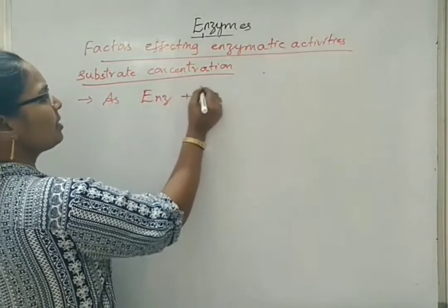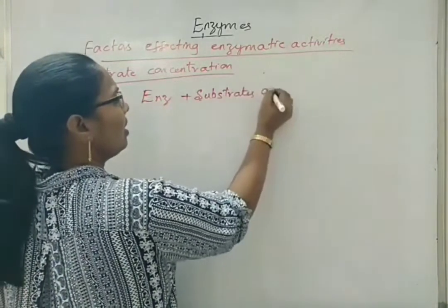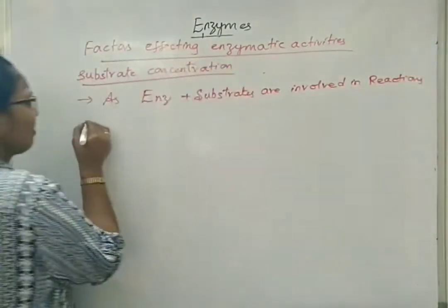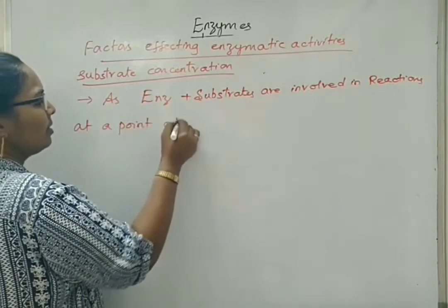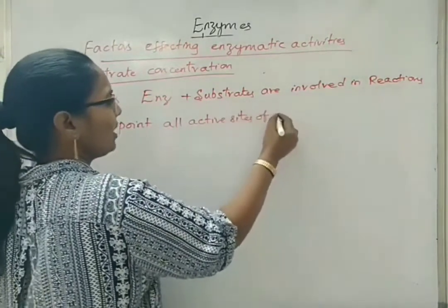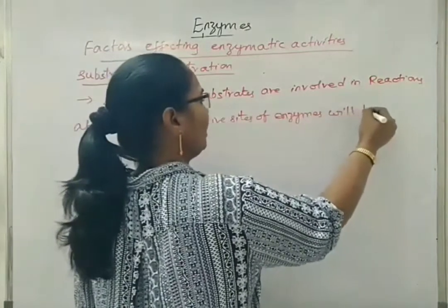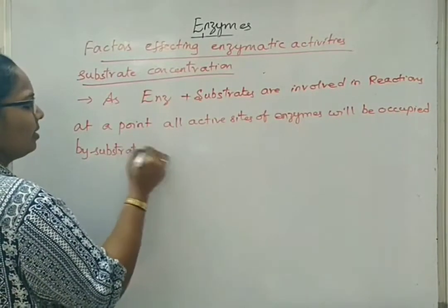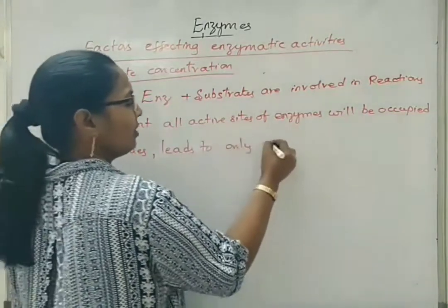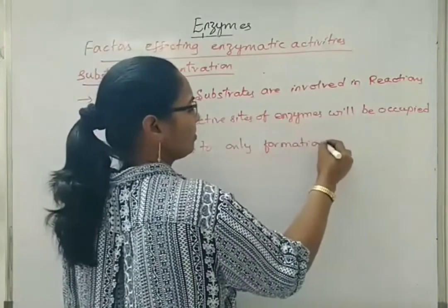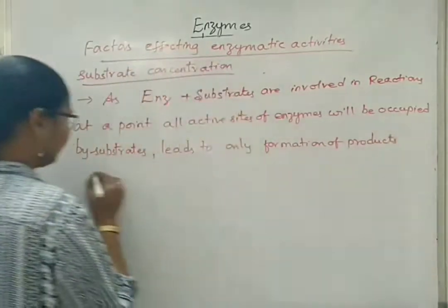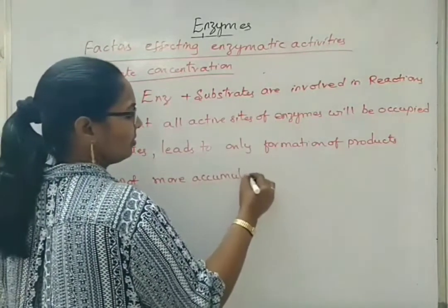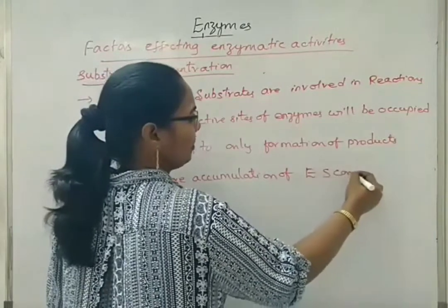As enzymes plus substrates are involved in a reaction, at a point all active sites of enzymes will be occupied by substrates, which leads only to formation of products but not more accumulation of enzyme substrate complexes.